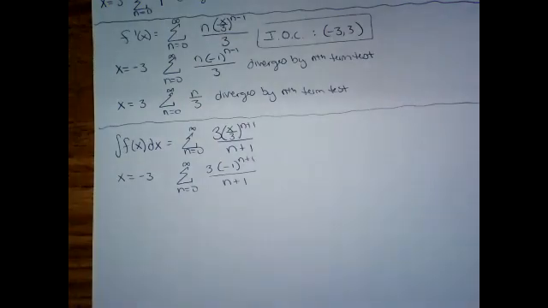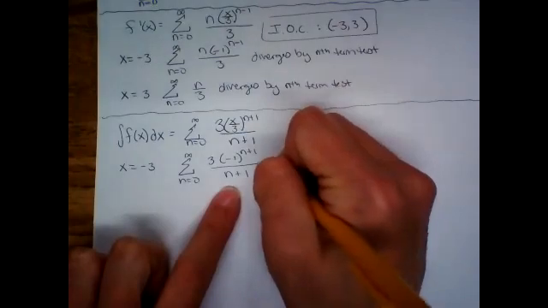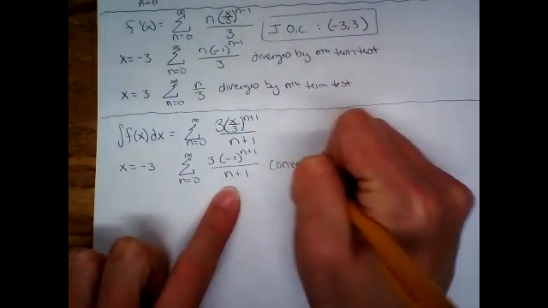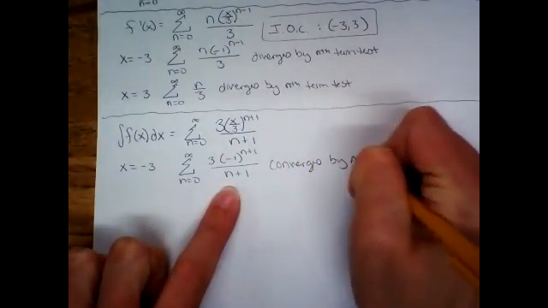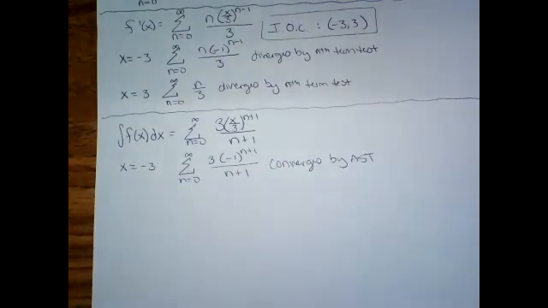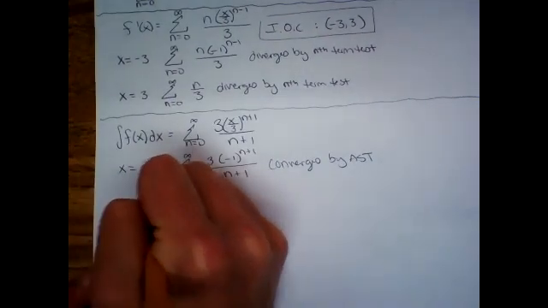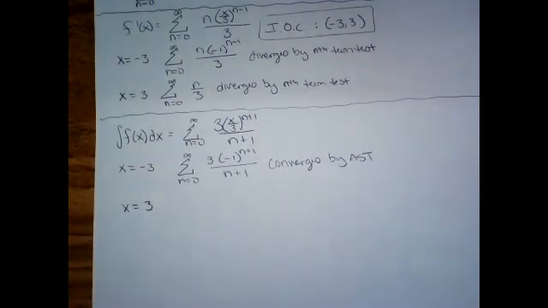And so what's that going to do? Converge by alternating series test. I think that was the first one on this side of the paper that we got to converge. All the rest of them were diverges.